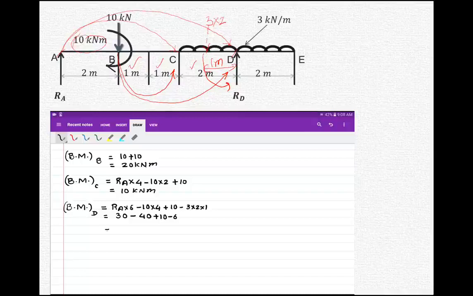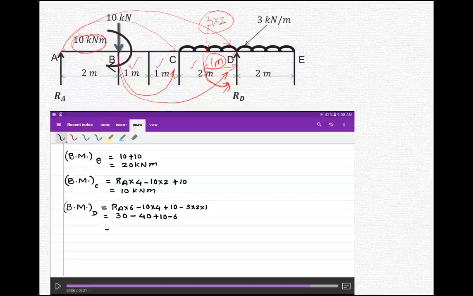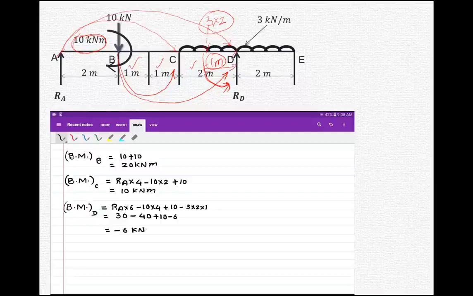This 10 kilonewton meter is already present over here at point B, and this 3 into 2, this UDL, the perpendicular distance is 1 and it is producing anti-clockwise moment that we have already seen. So that total will be minus 6 kilonewton meter, and bending moment at point E will be 0 because there is no force that is acting on the right hand side of E.